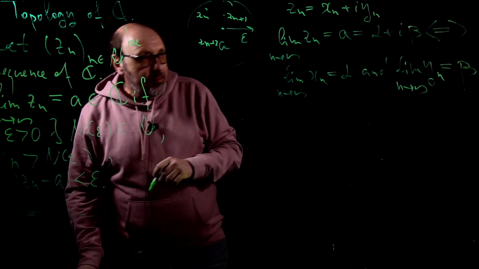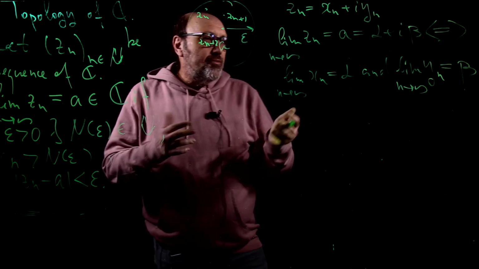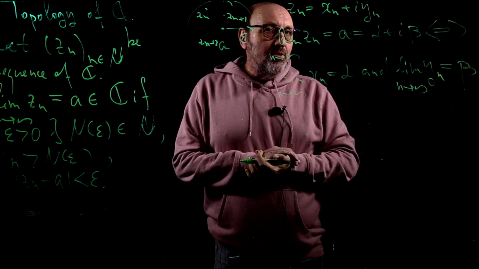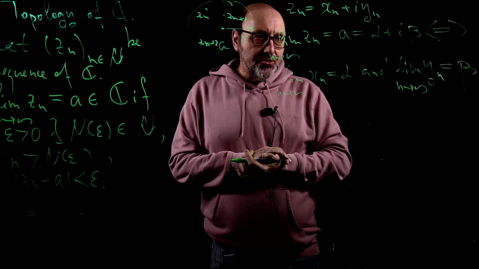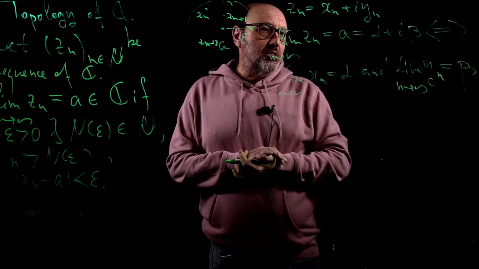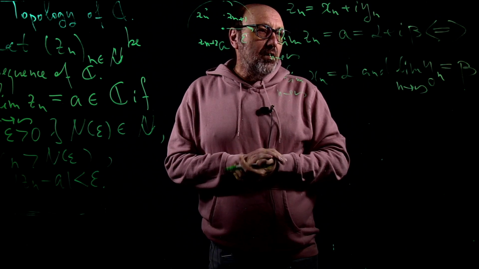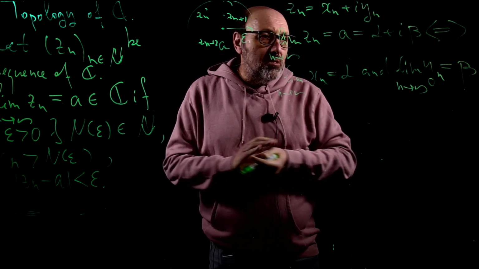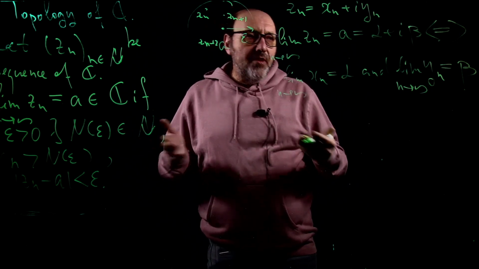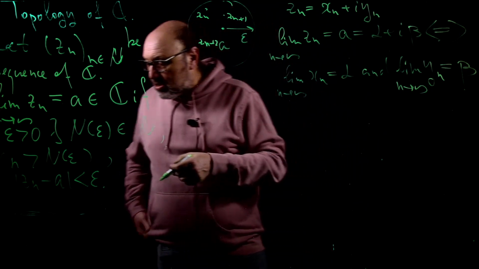All right, and as a consequence from this definition, all usual algebraic properties of limits of sequences remain true when you consider sequences of complex numbers. So if you have two convergent sequences, the sum converges to the sum of limits, the product converges to the product of limits, and so on.